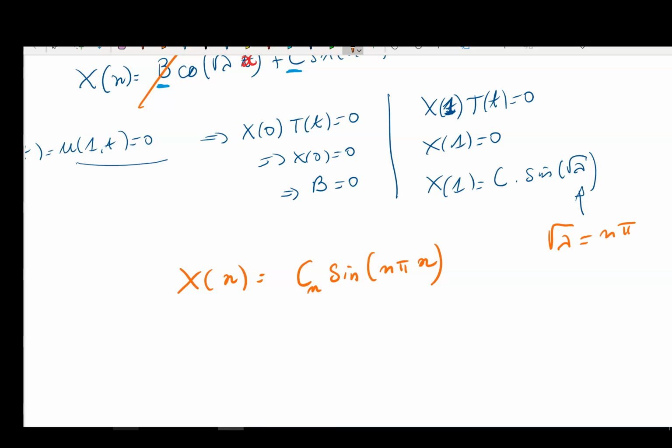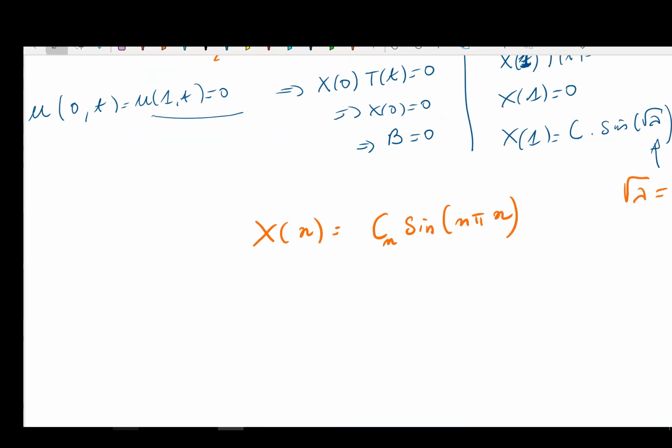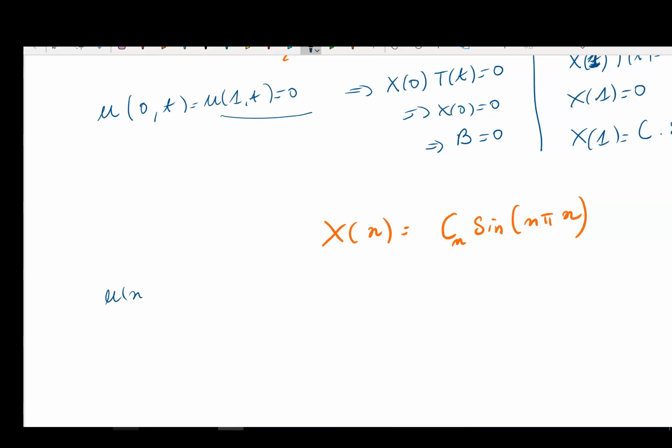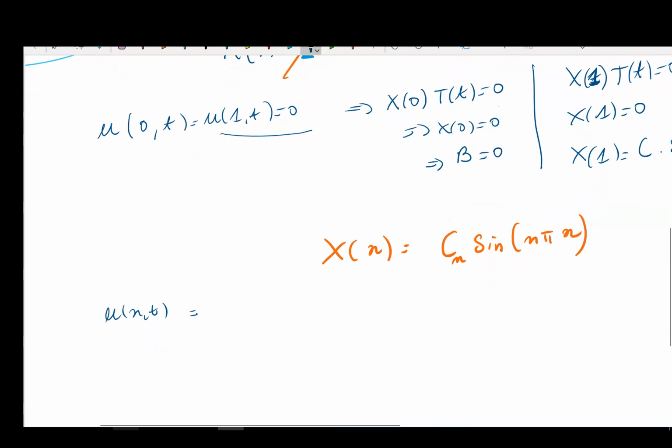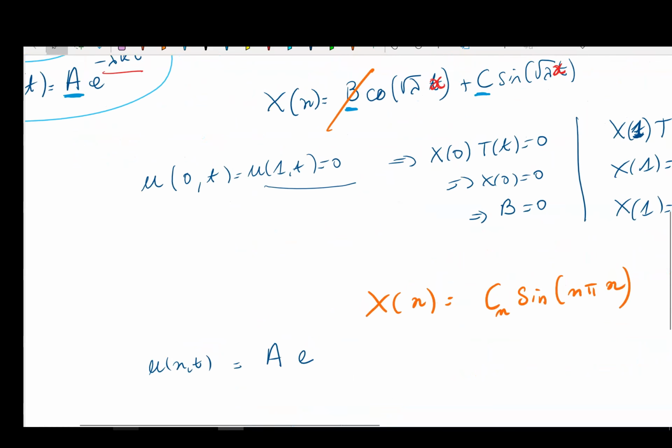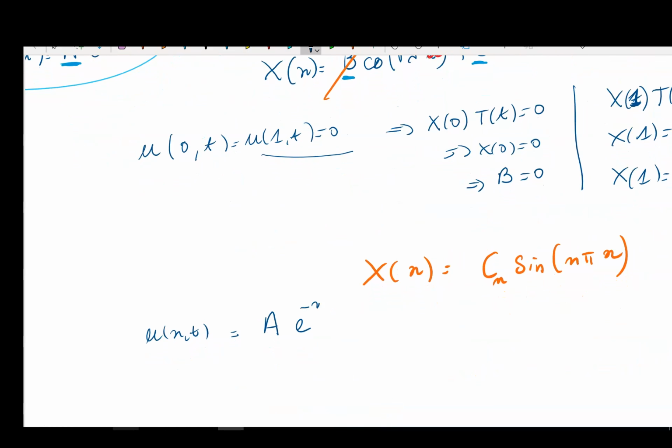But now that I'm here, let's just make a small overview. We have that u of x, t should be equal to T of t, and the T of t we said was an exponential. What did we get? Minus, so lambda I know now is n squared pi squared, k times t, times Cn sine of n pi x.